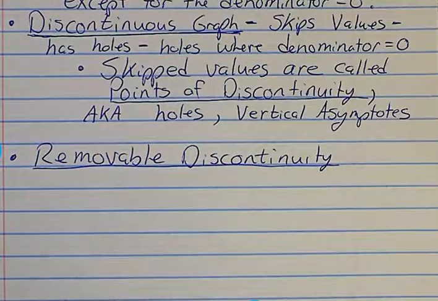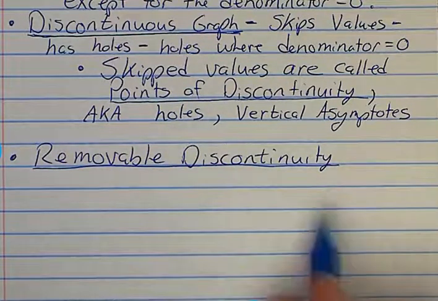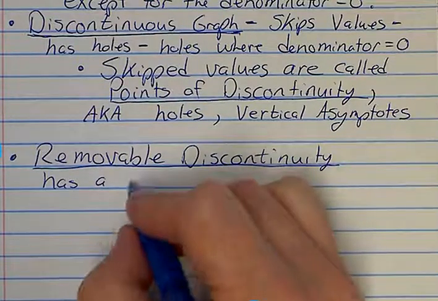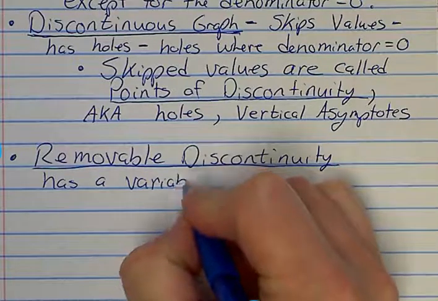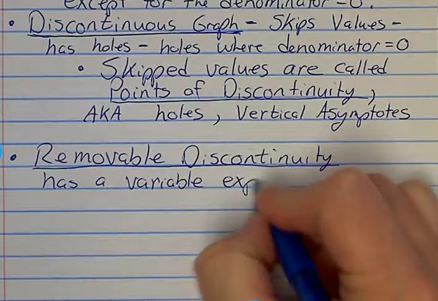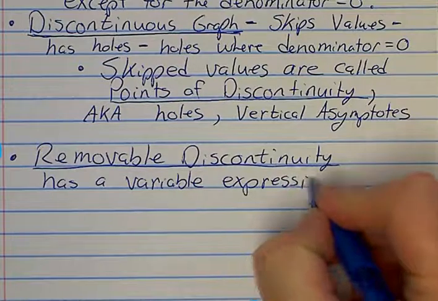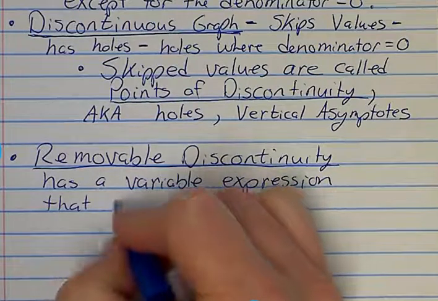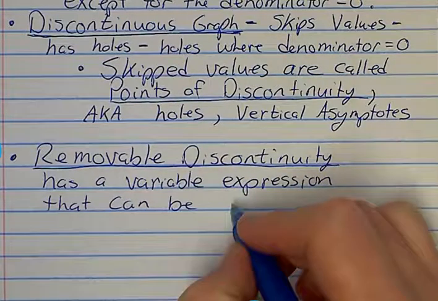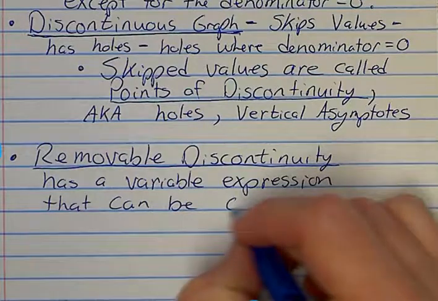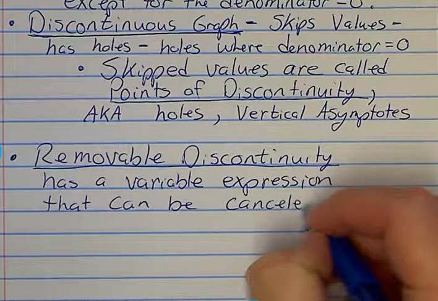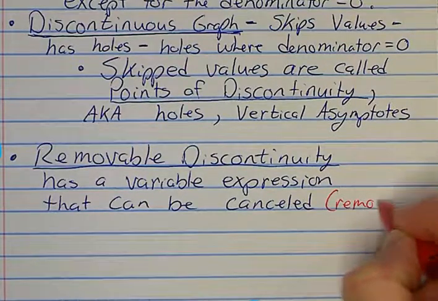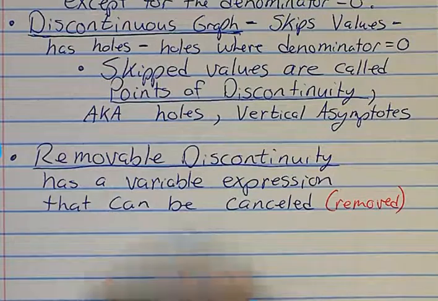Okay, so removable discontinuity, basically what this is, it has a variable expression that can be canceled, or as they like to say, removed, by factoring.